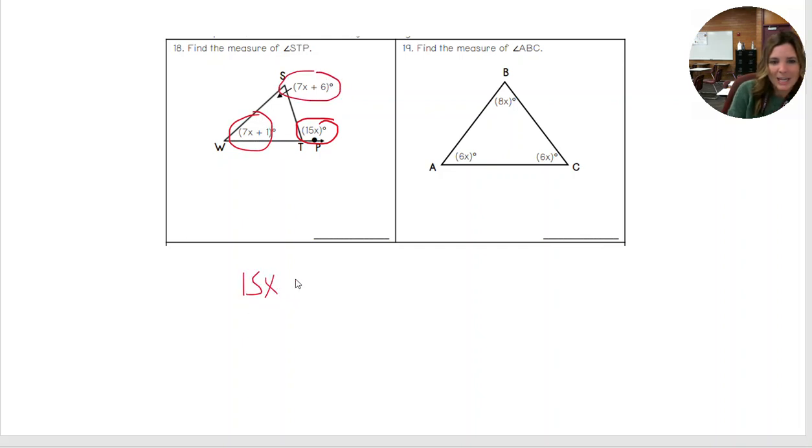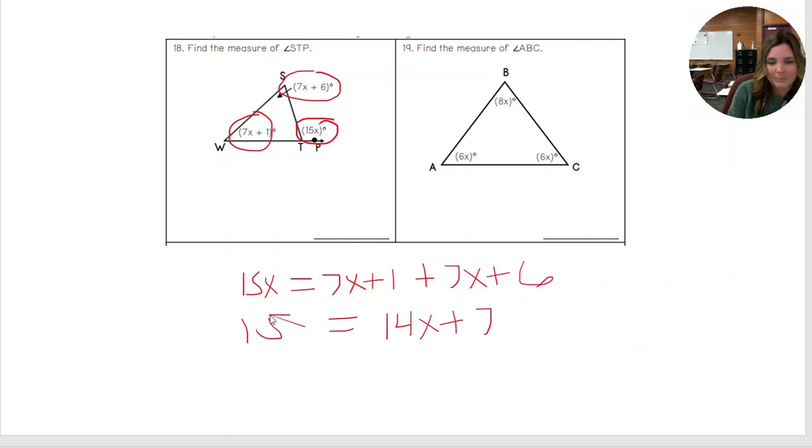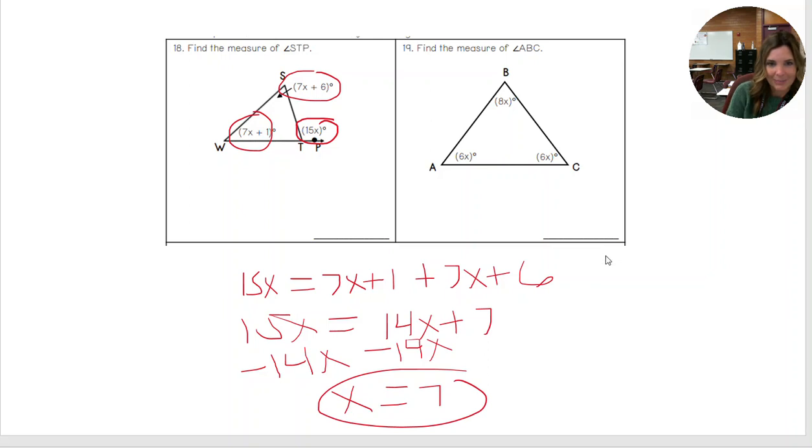So 15x equals 7x plus 1 plus 7x plus 6, which is 14x plus 7. And then to get the two variable terms on the same side, we minus 14x from both sides, so 1x equals 7.